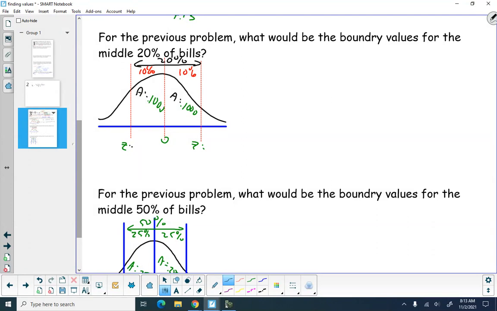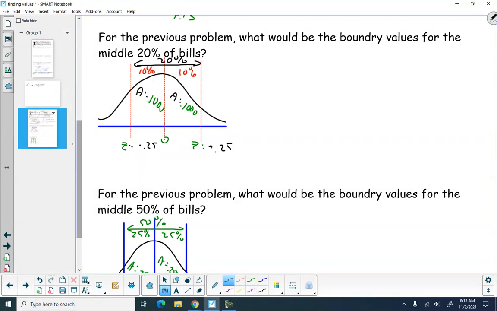What Z value did you use? Okay, so the Z value that goes with that is 0.25. So we have negative 0.25 and a positive 0.25.